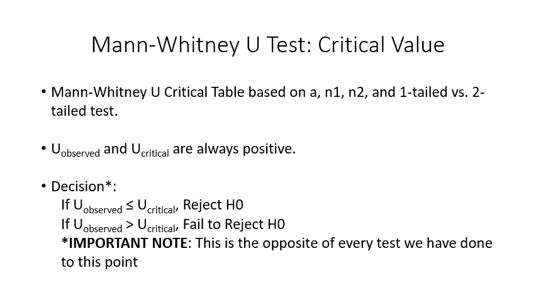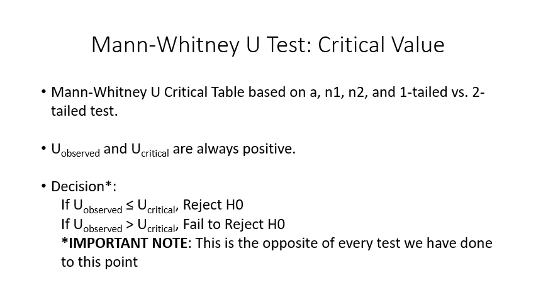Otherwise, you fail to reject H0. So, important note, this is opposite of every test we've done to this point. Every test we've done to this point, if your observed was greater than your critical, we rejected. Now for this test and the Wilcoxon T that we'll do next, if your observed is less than your critical, you reject H0.